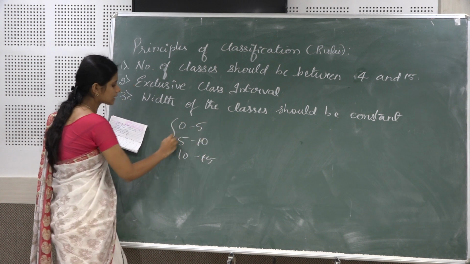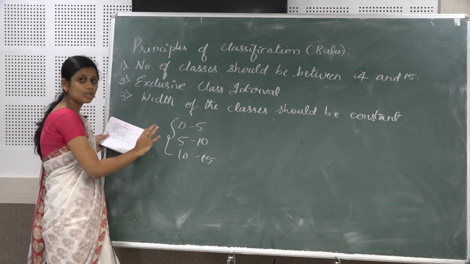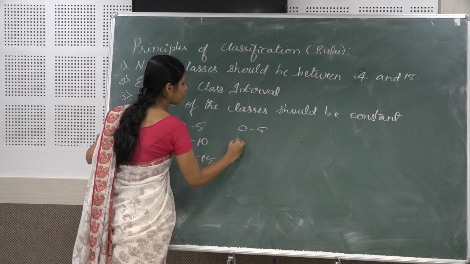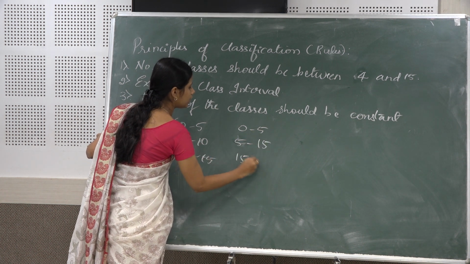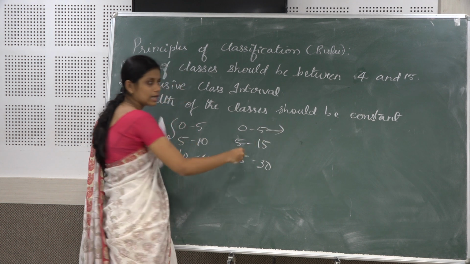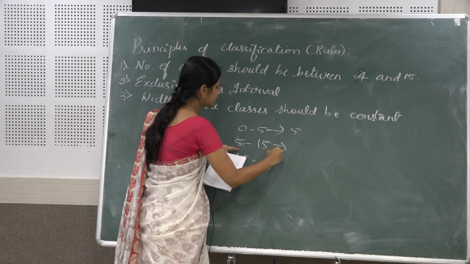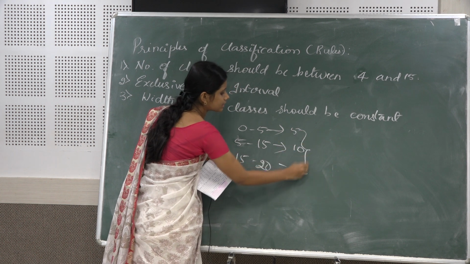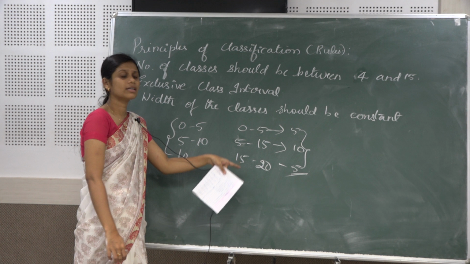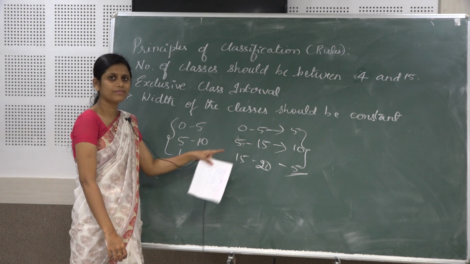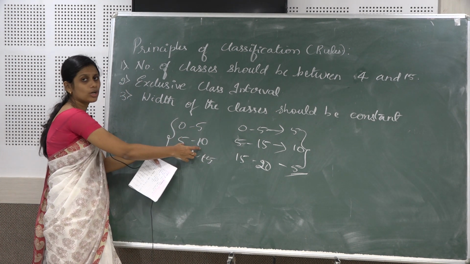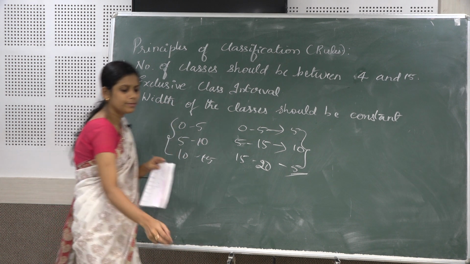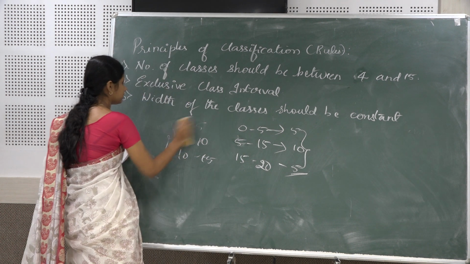Here in all these classes, the width is 5. It should not be like this. For example, if you are writing 0 to 5, 5 to 15, next 15 to 20. Here in the first class the width is 5, in the next class it is 10, next it is again 5. See, here the width is unequal. This kind of class interval should be avoided. Always make sure that the width of the class will be equal. So the width of the classes should be kept constant.